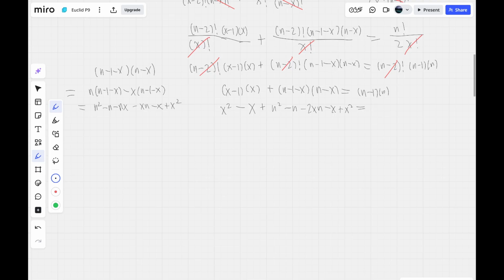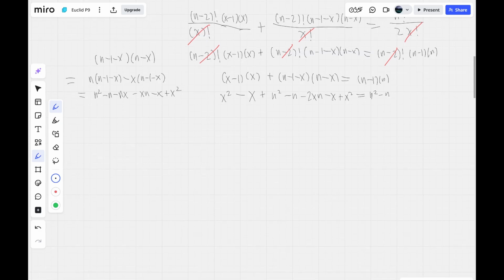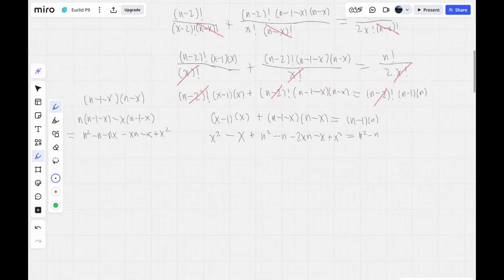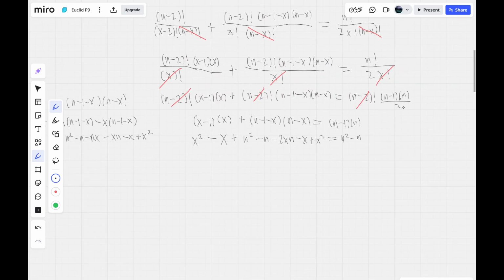That's equal to (n minus 1) times n, which is just n squared minus n, and this is over 2, sorry, because the 2 didn't cancel.